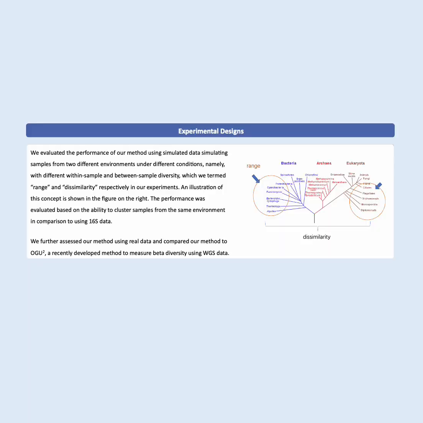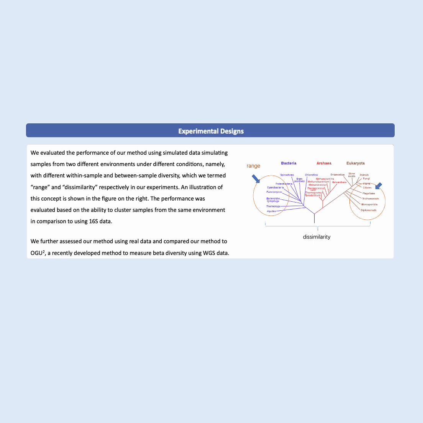We evaluated the performance of WGS UniFrac in comparison to the traditional 16S UniFrac under different settings by simulating data from two distinct environments with different within sample and between sample diversities, which were termed range and dissimilarity respectively, as illustrated in this figure.